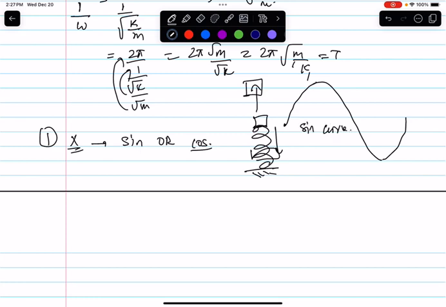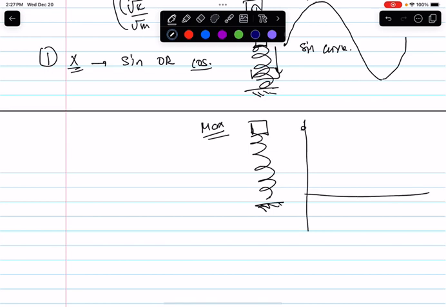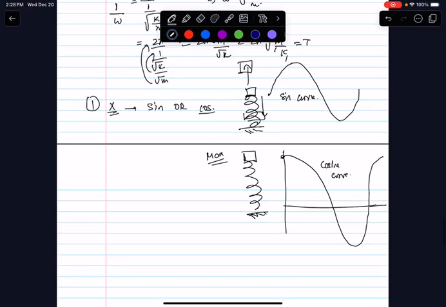On the other hand, if you start at your maximum displacement, you go to your min height and then go back, and this resembles a cosine curve. You don't really need to know much about these, that's more of an actual concept, but you need to know that they're sine and cosine functions of time. So that's the basic idea.